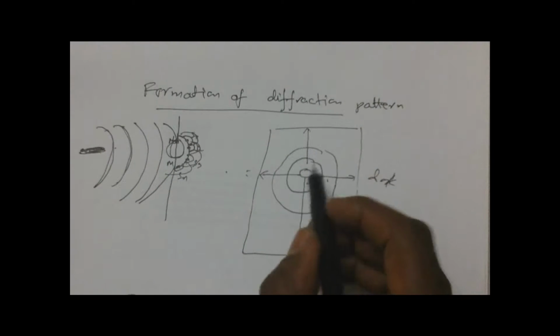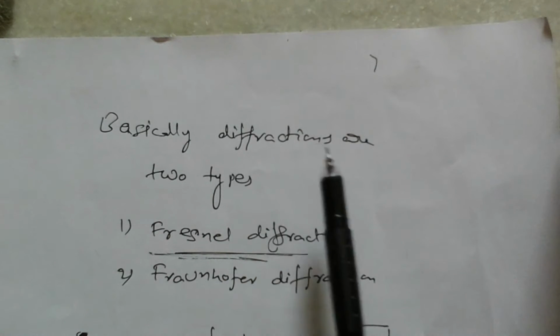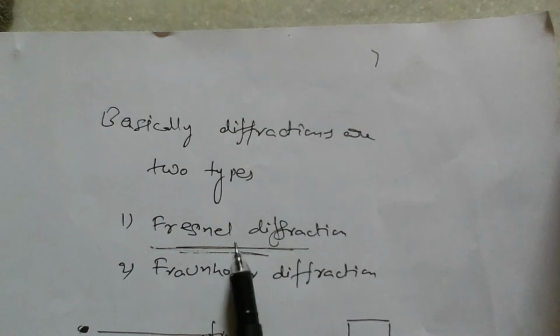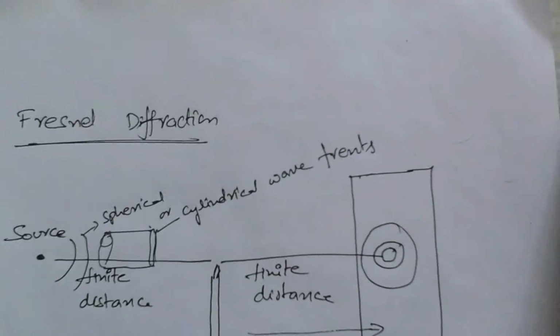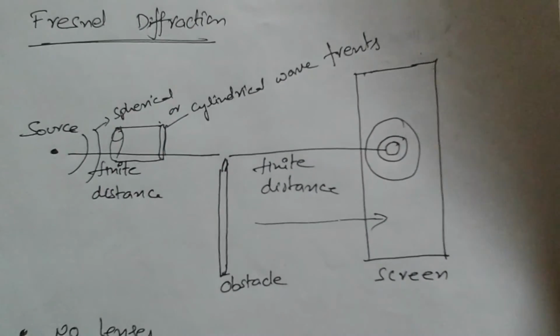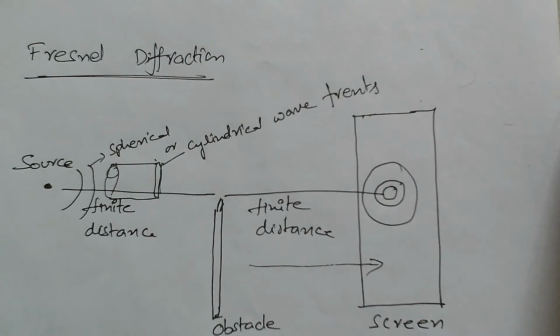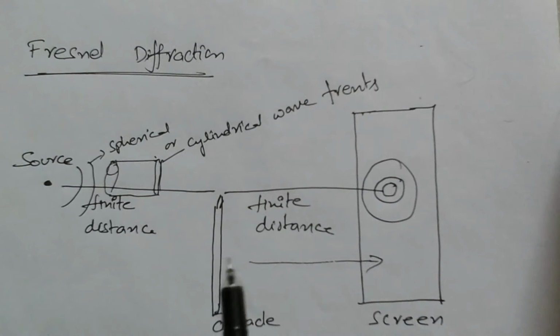Basically diffractions are of two types: Fresnel diffraction and Fraunhofer diffraction. Now we are discussing Fresnel diffraction. In Fresnel diffraction, we take a source, an obstacle and a screen.